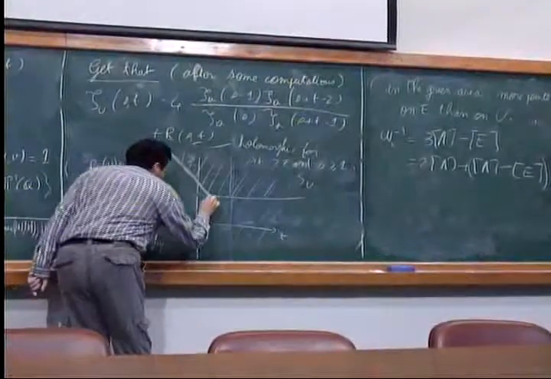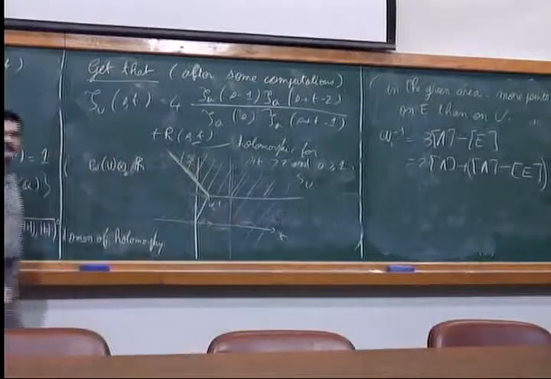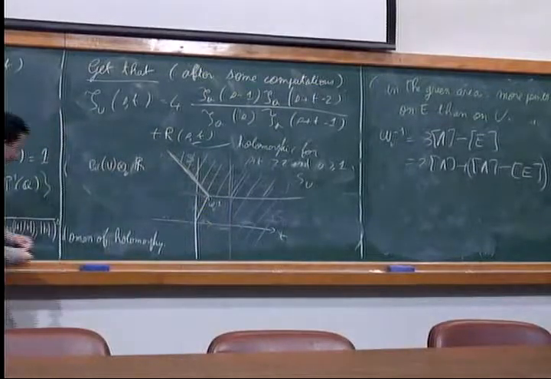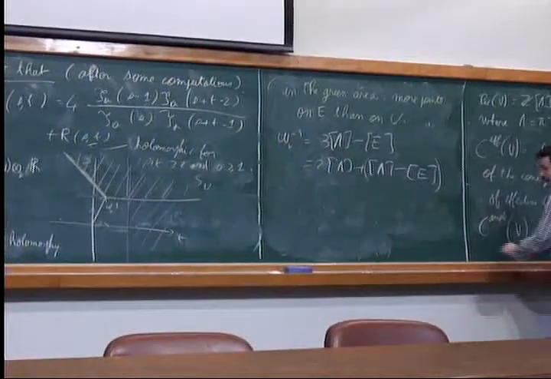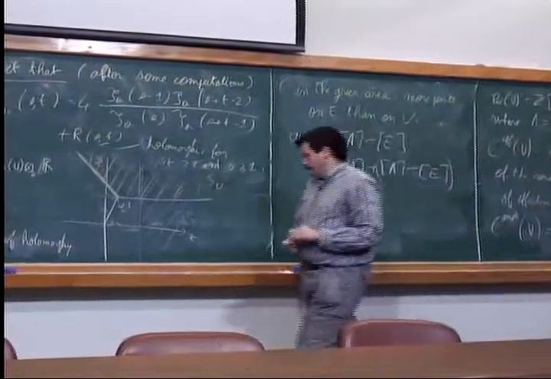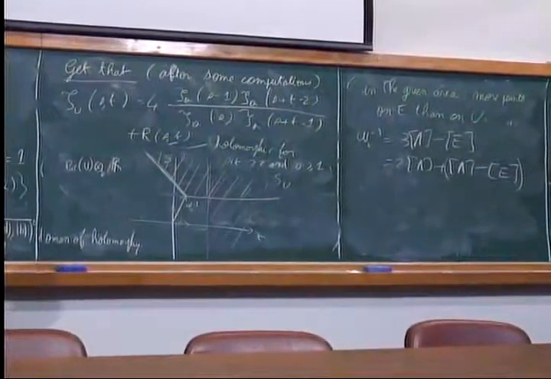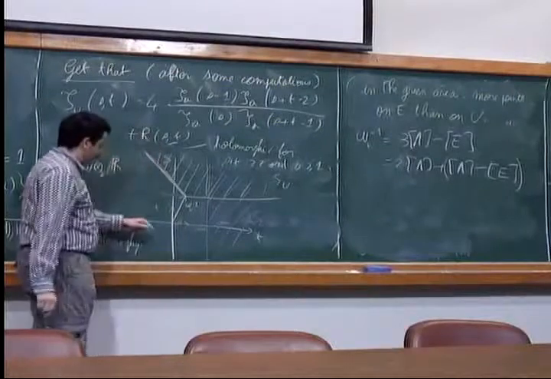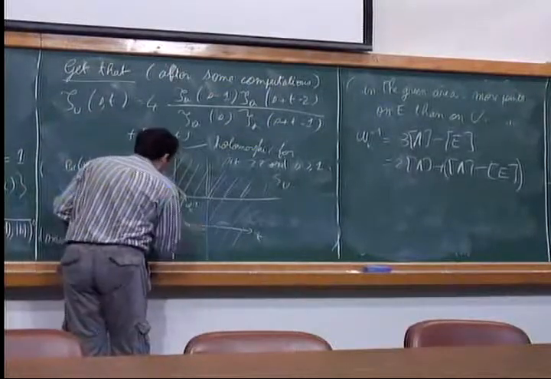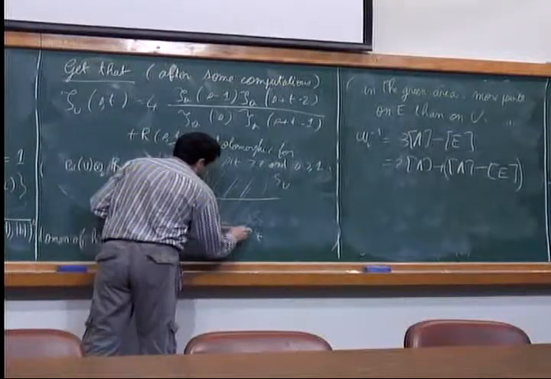Well, it's here. And where is the effective cone? I said that the effective cone was generated by E, which is somewhere here, and by lambda minus E, which is here. So the effective cone is that one.